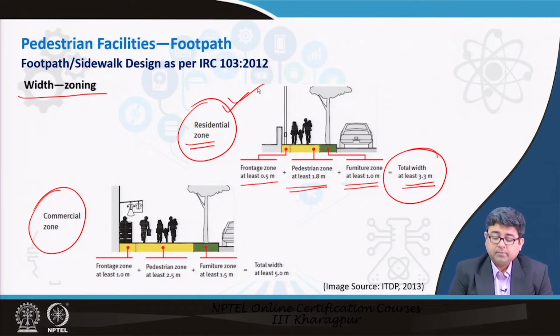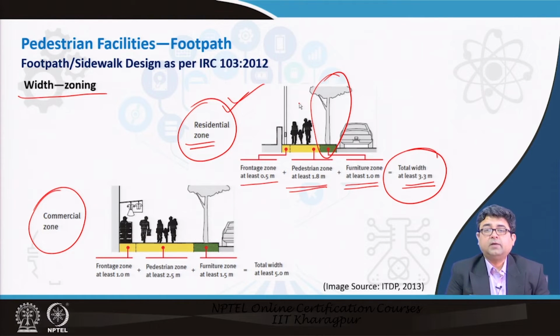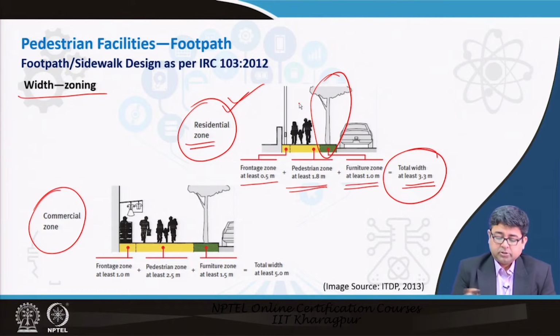That will not help them, because then you will not have any trees alongside it, or the trees will be in the middle of the pedestrian zone, which will affect your movement, and then you will not feel comfortable while walking, and that will result in you not taking very many walking trips. So, that is what IRC says about the residential zone.